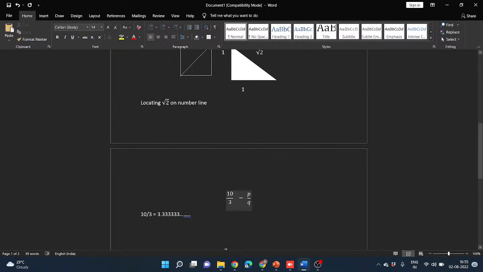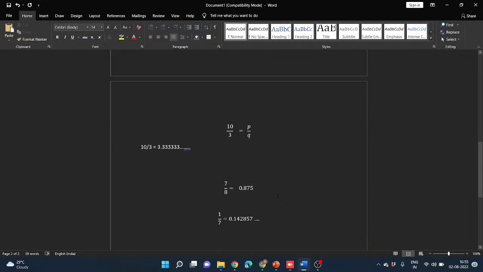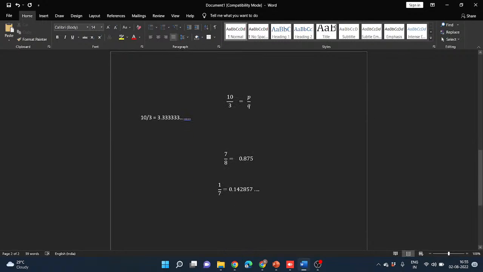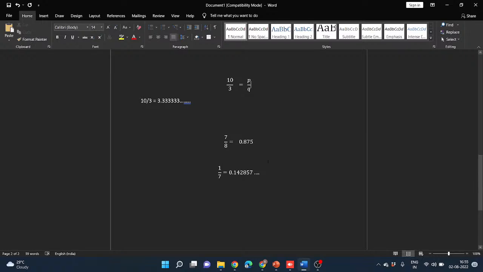In the first case, we kept getting the remainder 1, 1, 1 and 1. Also, the number of entries in the repeating string of remainders is less than the divisor.